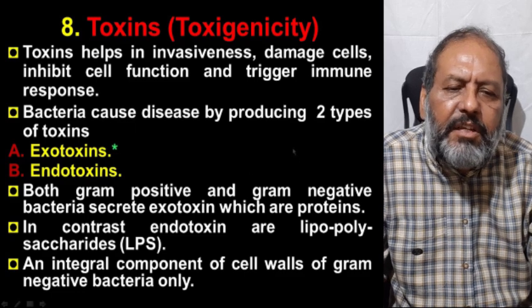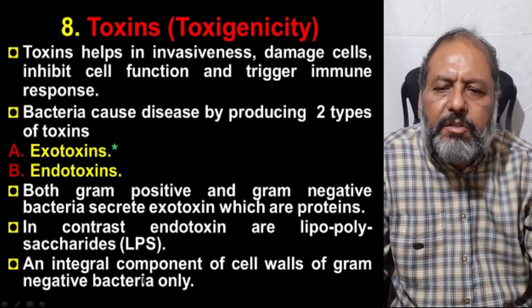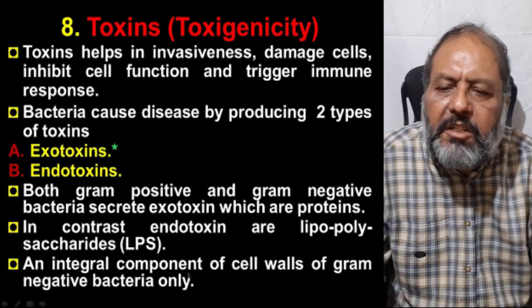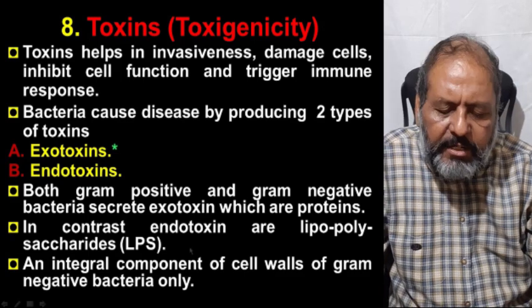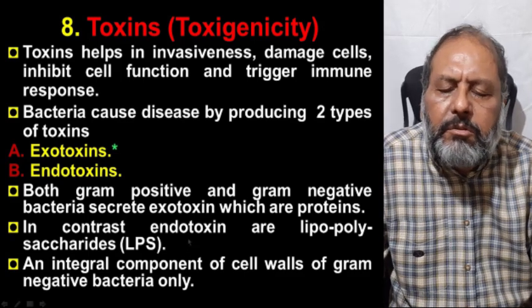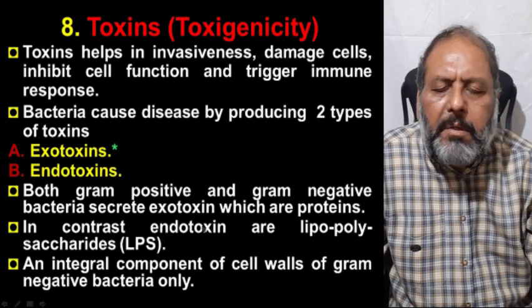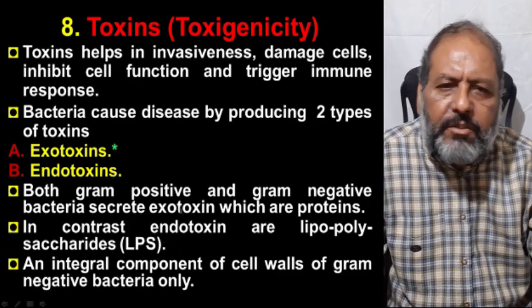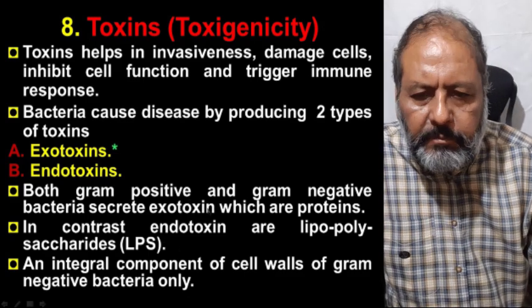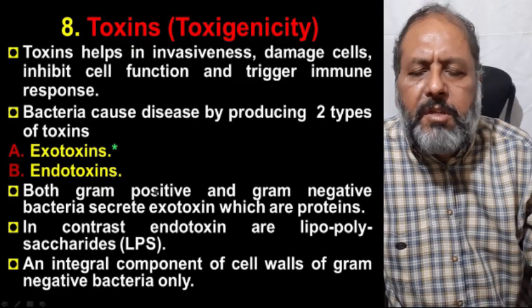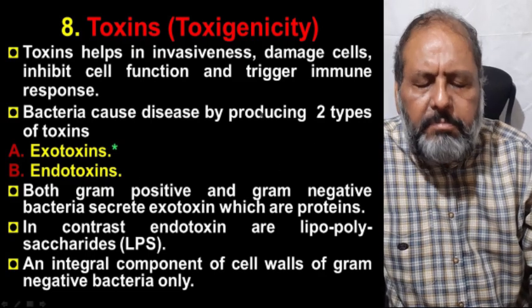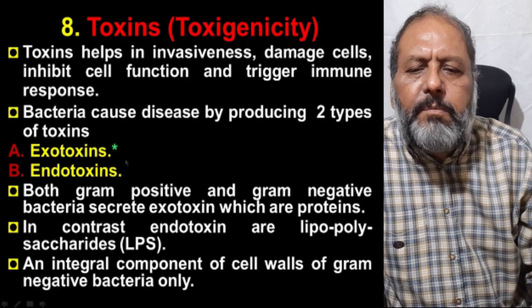Bacteria cause disease by producing two types of toxins, exotoxins and endotoxins. It's very easy to understand. Exotoxin is like a bomb that has been placed and then fired by some device somewhere else, by remote control.